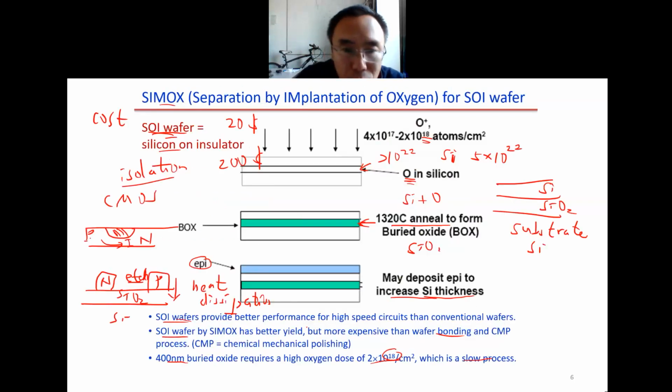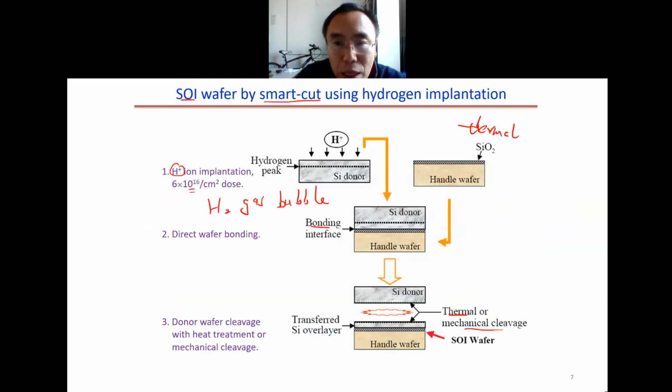Here we talk about wafer bonding and CMP. This is the most popular way to make SOI wafers: wafer bonding and chemical mechanical polishing. In this case, we do the wafer bonding, then this part here is polished away by the CMP process.